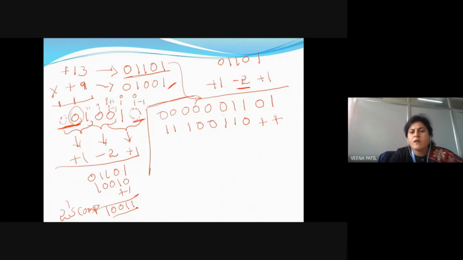Now to perform multiplication with the next multiplier, again I have to write the partial product after 2 shifts. It is plus 1. If it is plus 1, simply copy the multiplicand as it is. So it is 1, 0, 1, 1, 0, extend the sign.